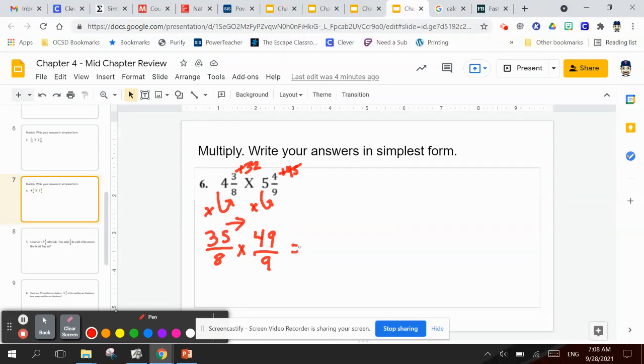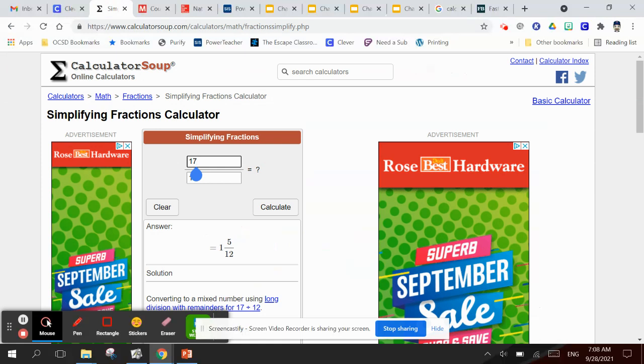So 1,715. And 8 times 9 is 72. So this is one where I would really make sure that I use my simplifying fraction calculator. So 1715 is my numerator. 72 is my denominator.